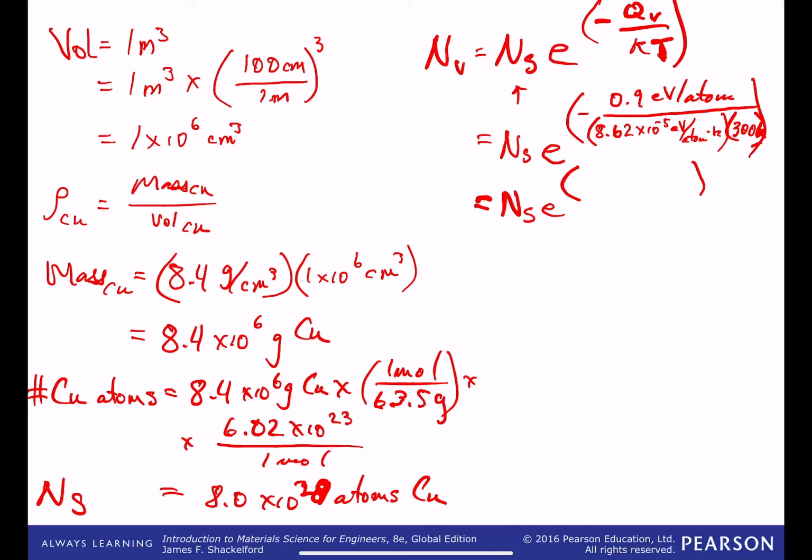That exponent will be the consequence of the information in that parentheses, so it's going to be 8.62 times 10 to the minus 5 times 300 K. Then I'm going to invert that number and multiply it by negative 0.9.